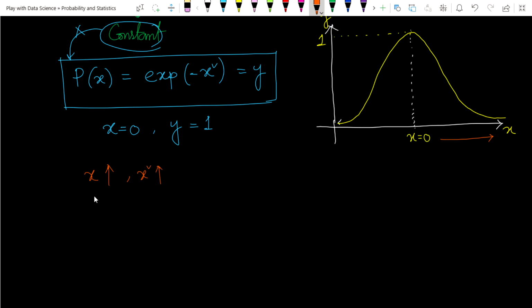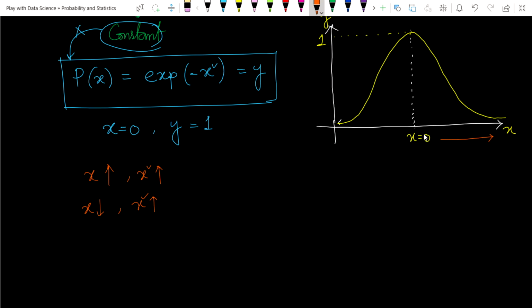And if we decrease the value of x, taking the negative side, then x square also increases. In both cases, if we increase the value of x or decrease the value of x, the x square value is increased.